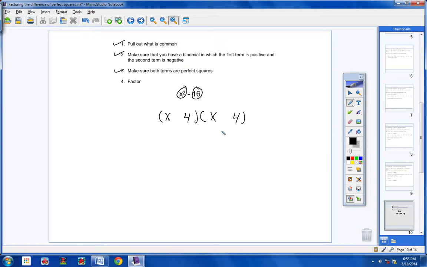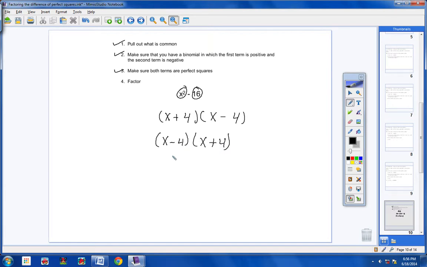Isn't that easy? And then you always make one of your second terms positive and make one of them negative. Now, if you want to turn these two parentheses around and put your x minus 4 first and your x plus 4 second, that is totally acceptable, okay? Absolutely no problem with that.